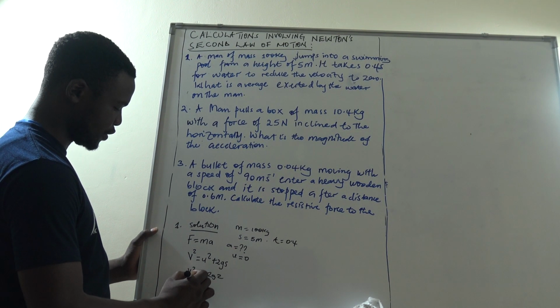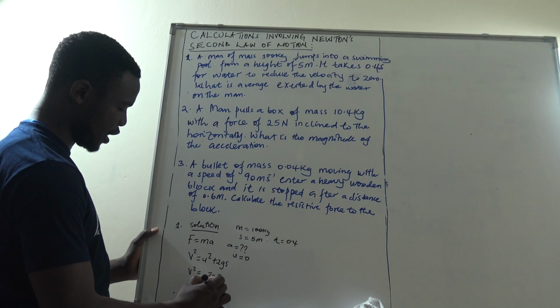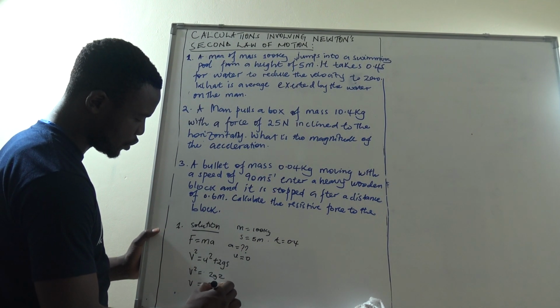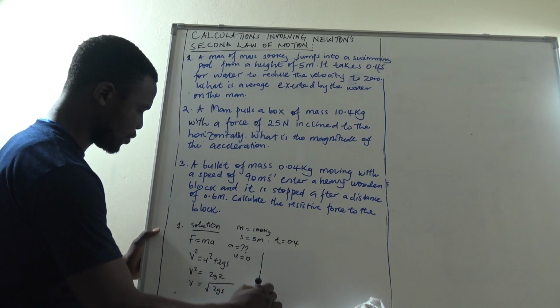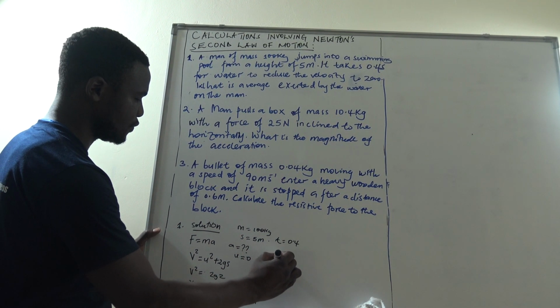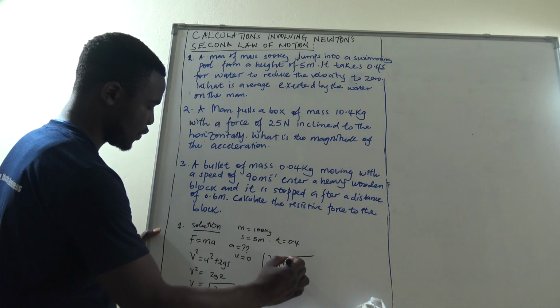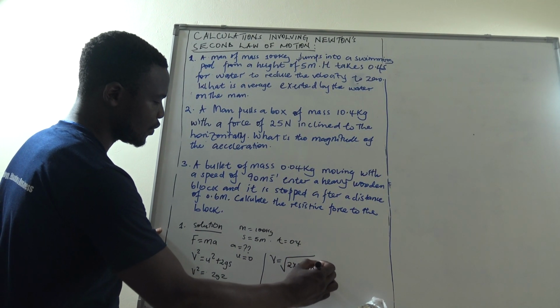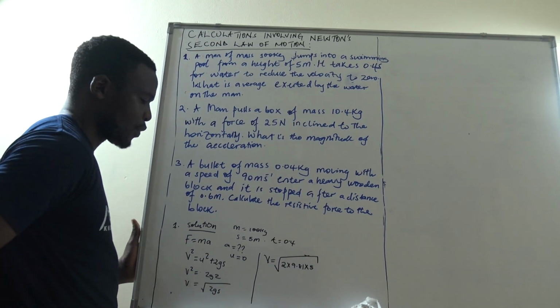Therefore, the velocity with which he fell in the water before coming to rest is what we are getting from v squared equals 2gs. Now, when we substitute in, v is equal to the square root of 2 times 9.81 times the distance from which this man was jumping.